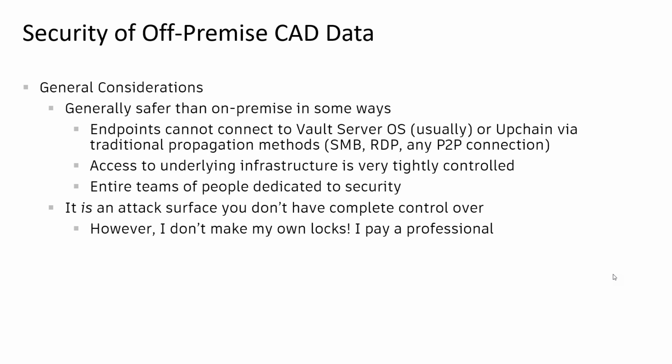In addition, the underlying infrastructure, especially AWS or Autodesk servers, Autodesk stuff is generally on AWS anyway, the actual access to those things is extremely tightly controlled. They're in a data center somewhere. They have extreme physical security, so it's different than, say, a server you've got sitting down the hall where an internal bad actor could maybe just, if they know what they're doing, plug a USB drive in and start copying a bunch of data down.